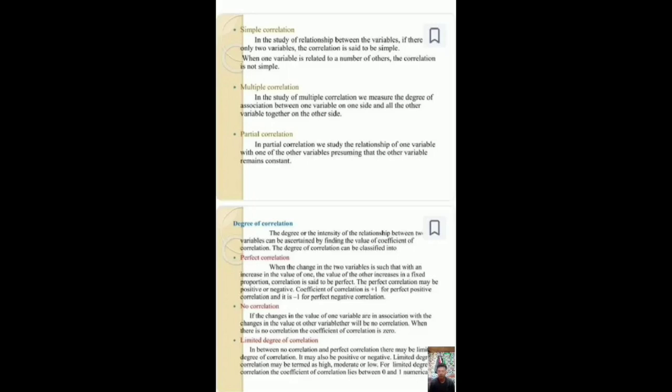Simple correlation is when the study of the relationship between variables involves only two variables. And if one variable is related to a number of others, the correlation is not simple.